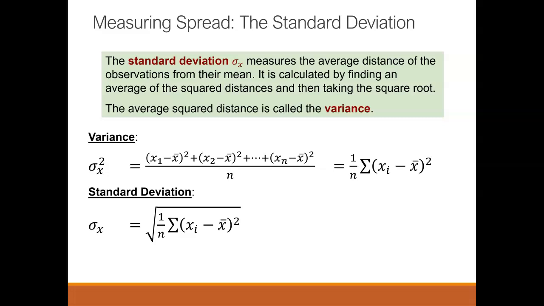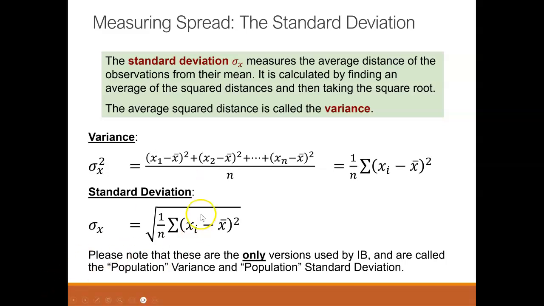Now, I wrote these 2 formulas down here. In practice, are we really going to use these formulas? No. We're just going to let the calculator handle this for me. So I'll show you two ways of doing that in a moment.